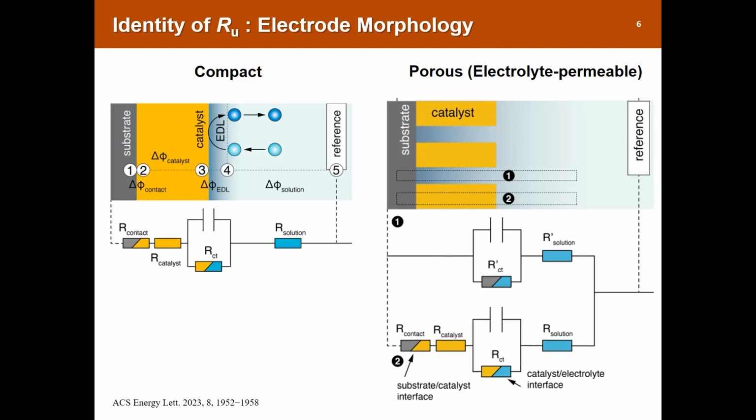If we do the R compensation, RU measurement in the porous electrode, we are only compensating the solution resistance. So our obtained electrochemical performance is still restricted by the contact resistance and electron transfer resistance through the catalyst layer.